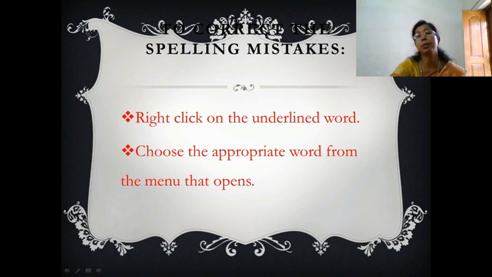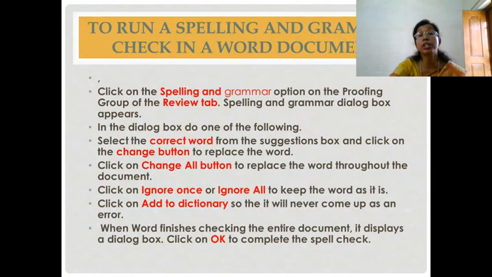Then, to run a spelling and grammar check in Word on the whole document, the steps are: first, click on the spelling and grammar option in the proofing group of the review tab.